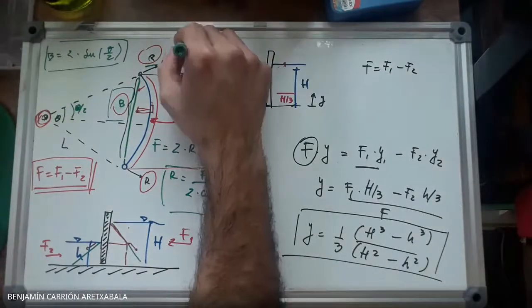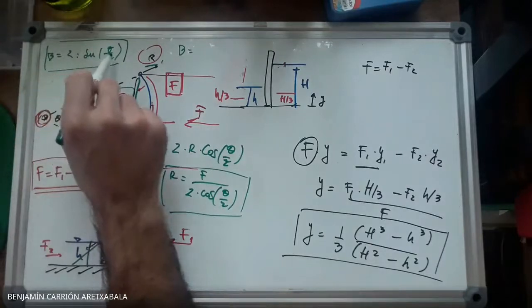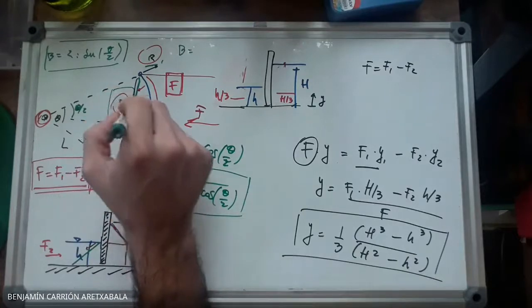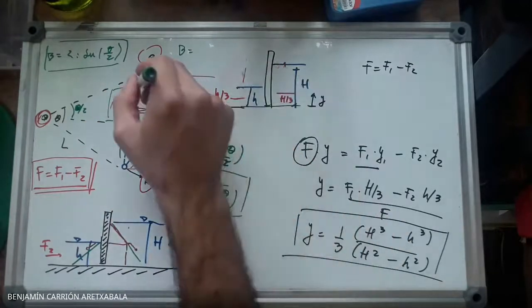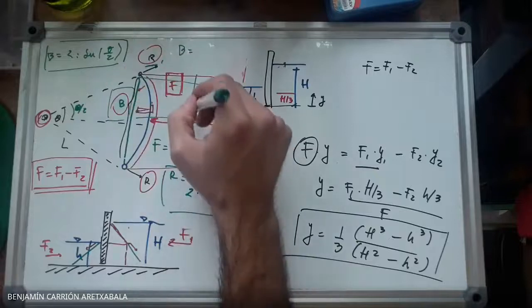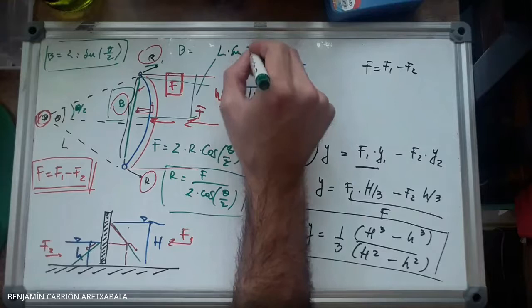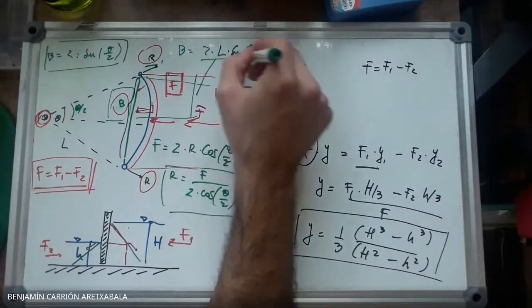B is 2 times sine to the half, right? Maybe this is a bit messy, but this side is just L sine to the half, and this other side is the same. So B is 2 times this. Ah, ya, sí, esa era la duda. Es que pensé que al otro lado era una L solamente y no era dos veces.